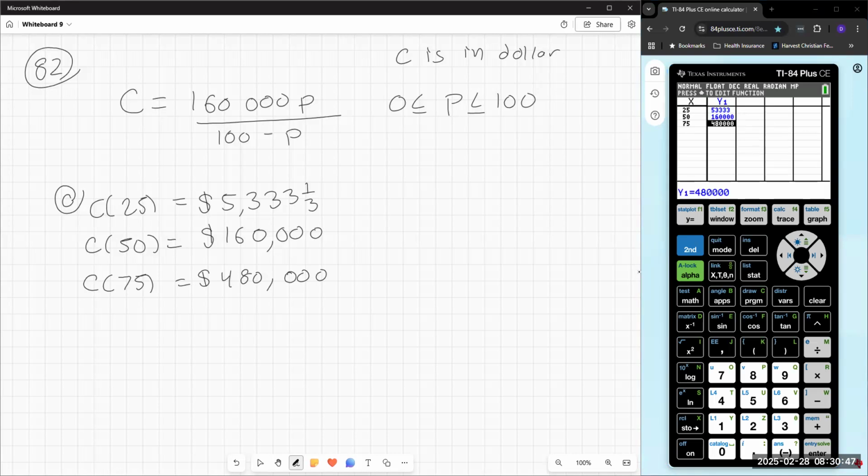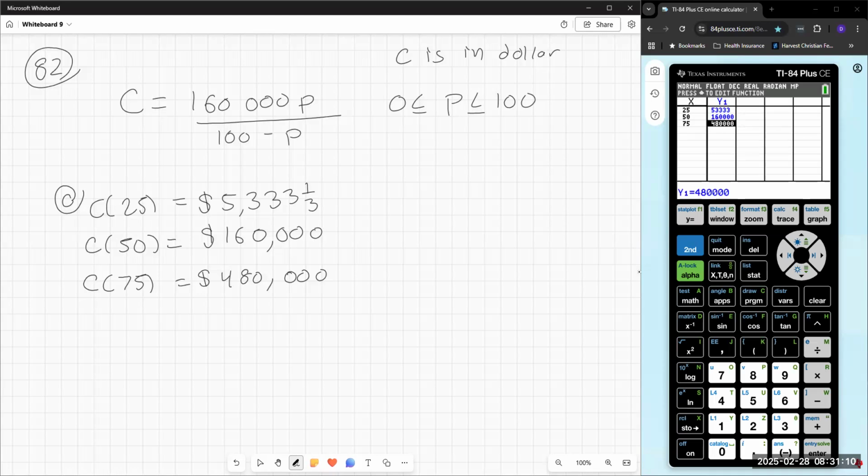Now, if you were the company, I mean, you're going to have to obey regulations and things like that, but look at how much this jumps up, because this is a rational function with a vertical asymptote here. Look how this just takes off. The first 25% only costs you a little over $5,000.